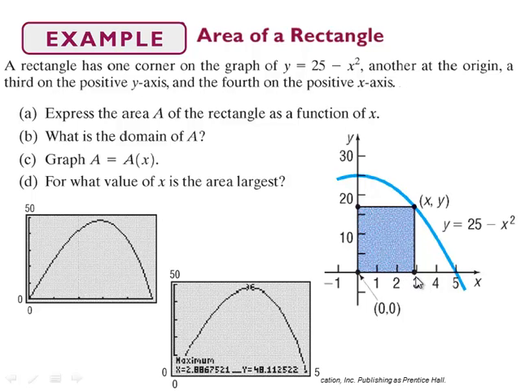Okay? So this just about shows where you have x being approximately 2.88, 2.89 right there. And so this rectangle right here has this area of about 48.112522. That's the largest rectangle that you can put in the first quadrant within the curve.